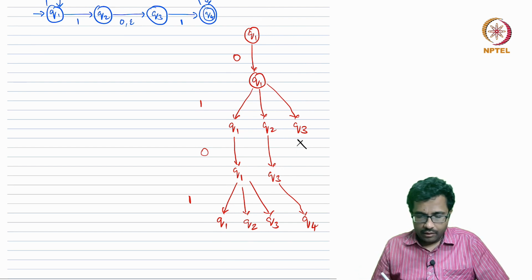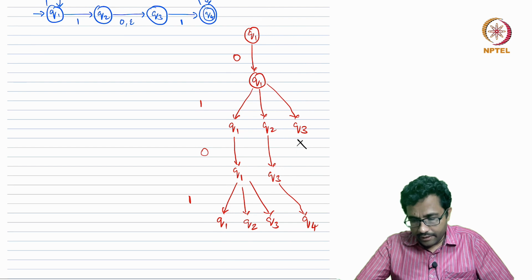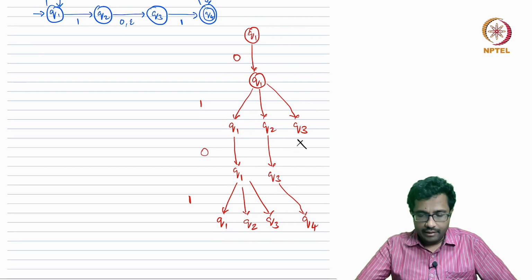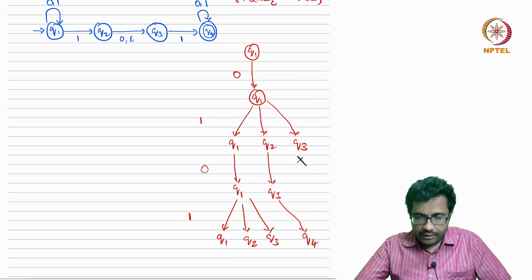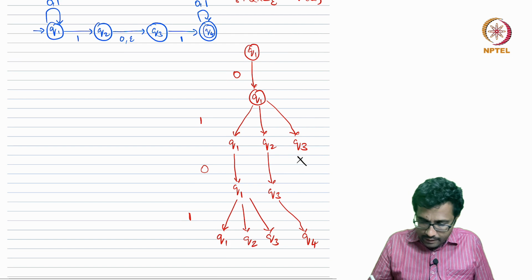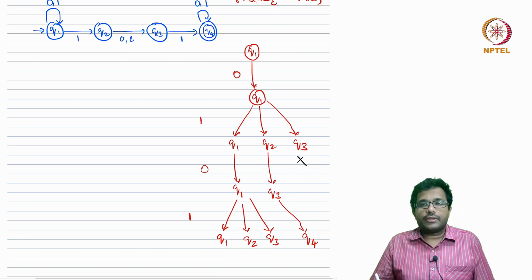So we tried this in the previous lecture as well. Now the point here is, what are we doing? We are trying to see if the string can be accepted, and towards that end we are trying to see where all it can possibly go, and then we see that this string is indeed accepted because the accepting state is q4.